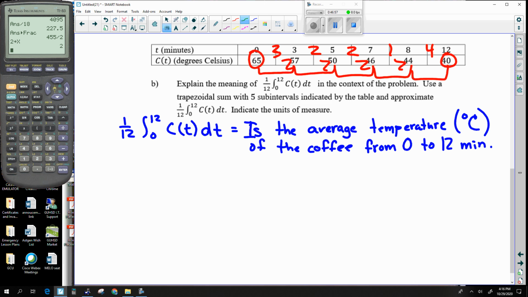All right, so here's what this is going to be. This is going to be 1/12 the trapezoidal approximation. So I'm also taking out a 1/2 to help with the trapezoidal approximation. So consider everything to have a 1/2 on it, and that's fine. Okay, so the first one has a height of 3 and a base 1 of 65, base 2 of 57.